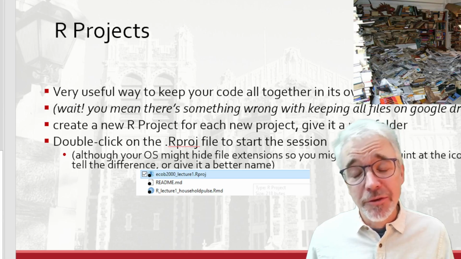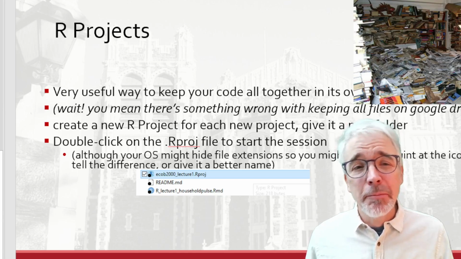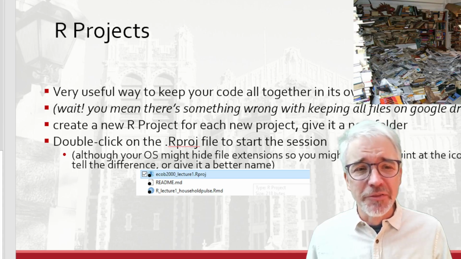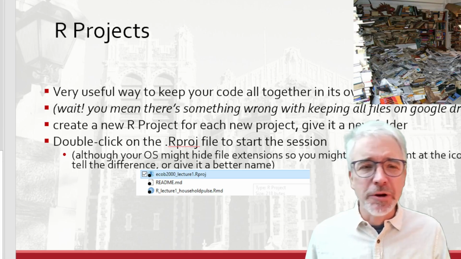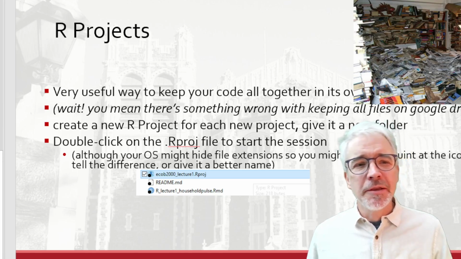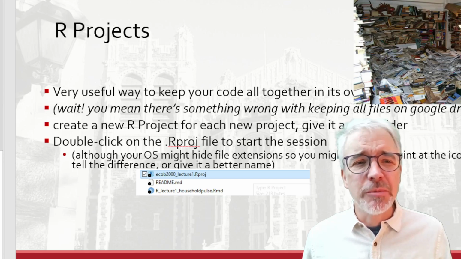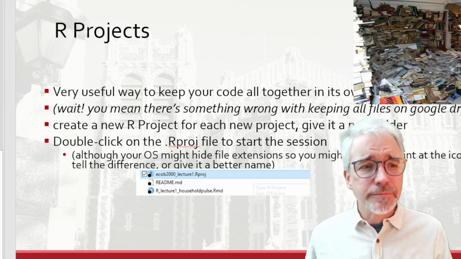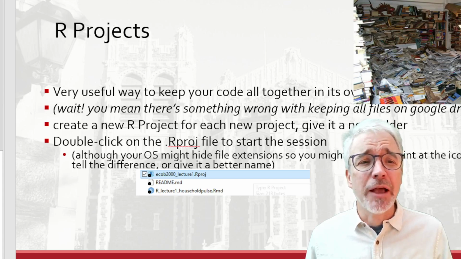But I'm going to exhort you to try to do better. A better way is to create each project in a separate folder with all the files there. Then you can port it around. You can share it with other people. Every time you start the session, you double-click the R project file. Everything comes together. I've shown an example of how that works.